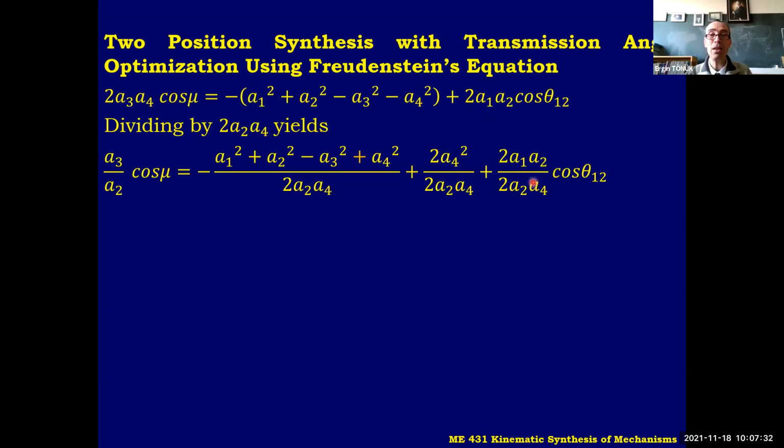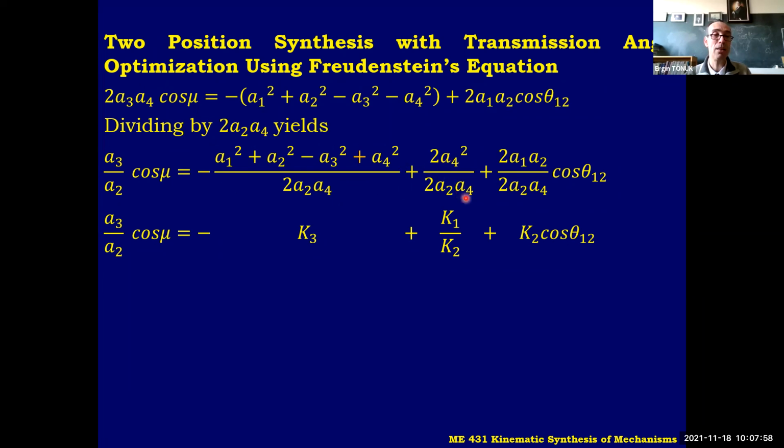So if we think of the coefficients in Freudenstein's equation, actually, I can replace them with these coefficients. Okay, so that term is actually negative of K3.